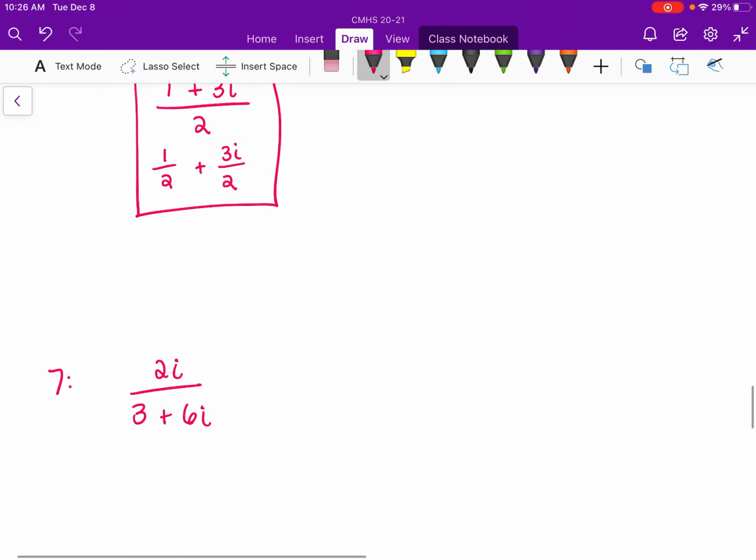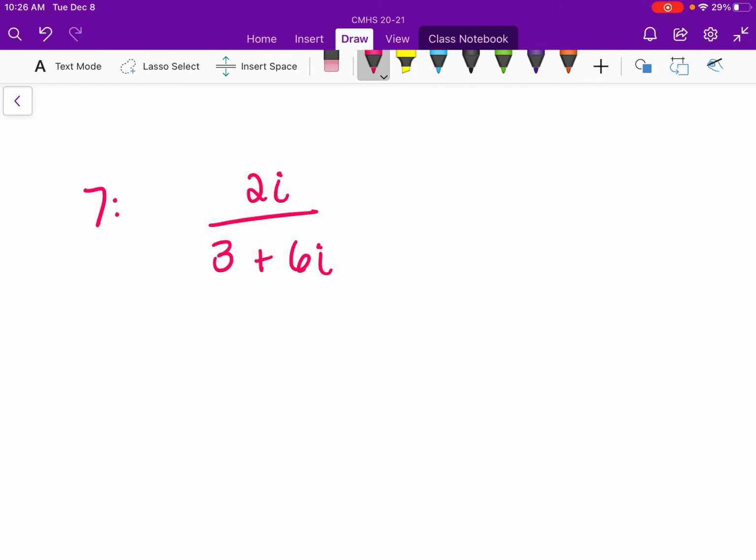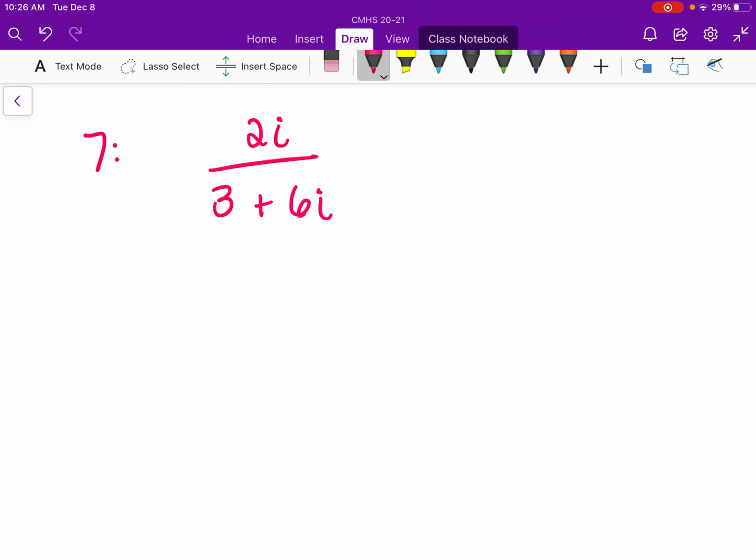This was a very long problem. I will give you this one if you want to do it on your own. You can copy it down in your notebook and do it on your own, but I will not do that one with you because it's very long. But if you wanted to try it, the correct answer is 6i over 45 plus 12 over 45.